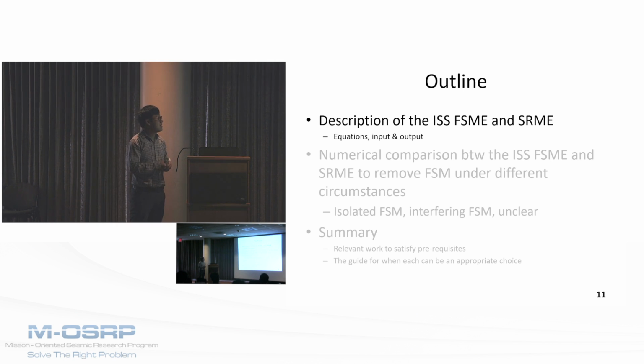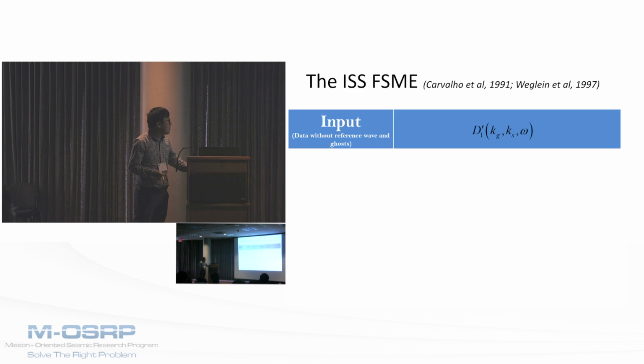We would like to focus on the equations used in these two methods to predict the free surface multiple, and on the input and output of these two algorithms. First, let's look at the ISS method.